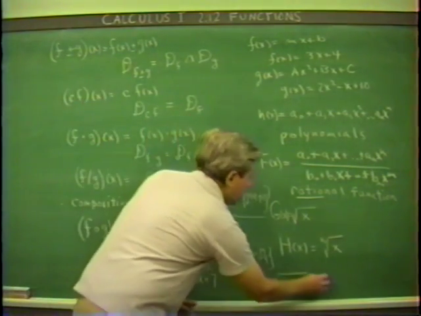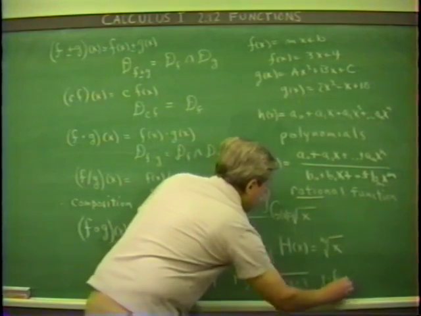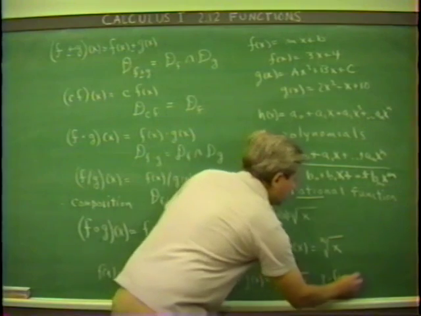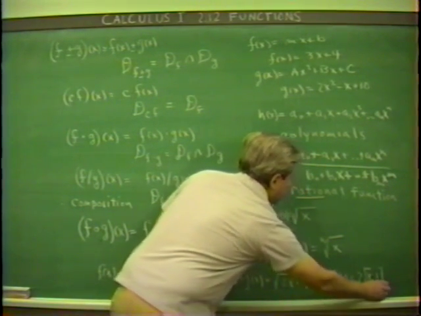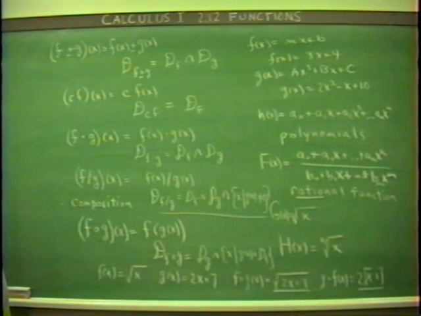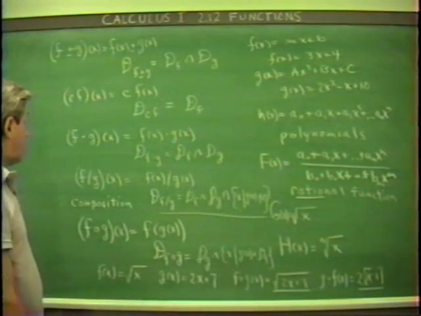In this case, g composed with f at x is going to be equal to 2 square root x plus 7. But they're not the same function. It's easy to check that they're not by putting a particular number in for x to see that you do not have the same collection of pairs.